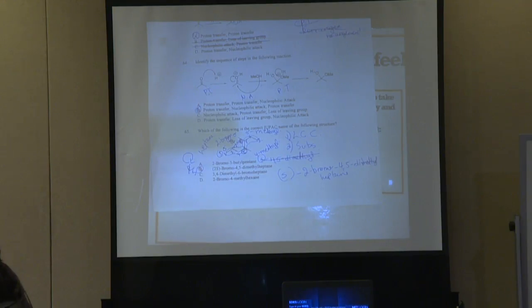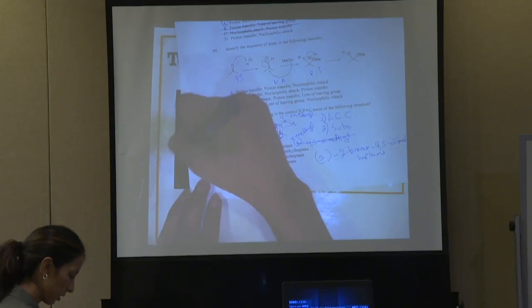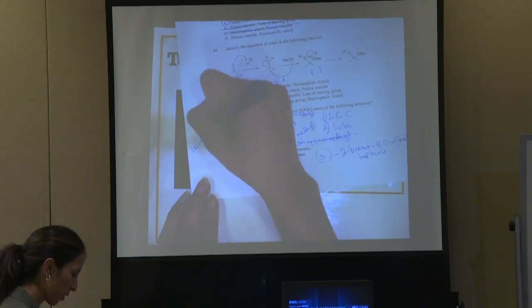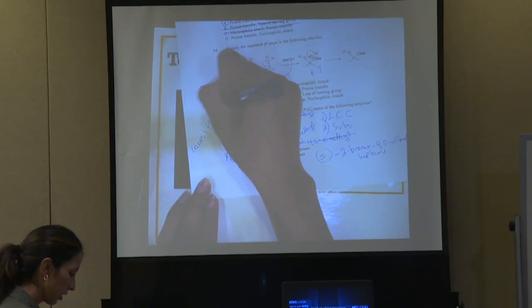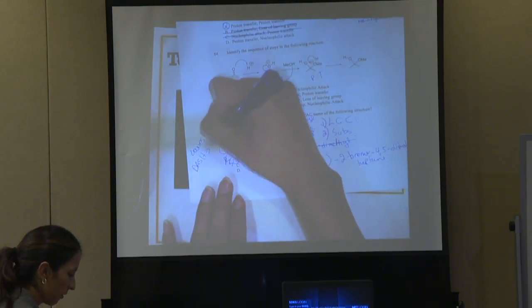So maybe that's what you're talking about. You only have to look at where the lowest priority is. So if your lowest priority is on a dash, what do you do to the configuration once you figure it out? Do you keep it or flip it? Keep it, okay. If it's on a wedge, you flip it.